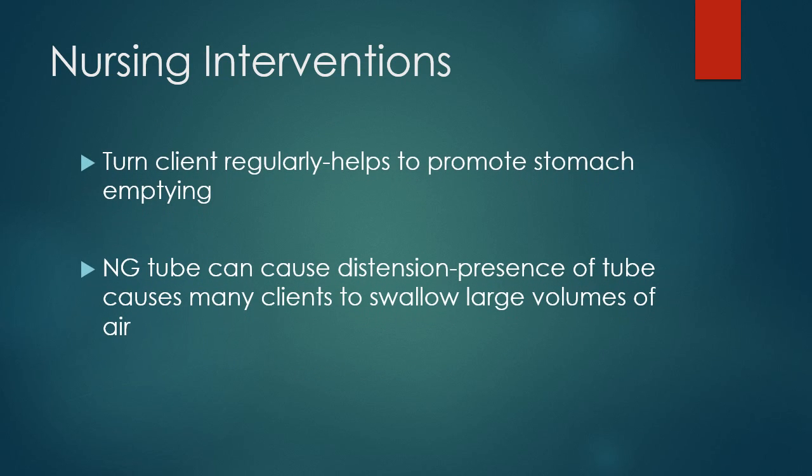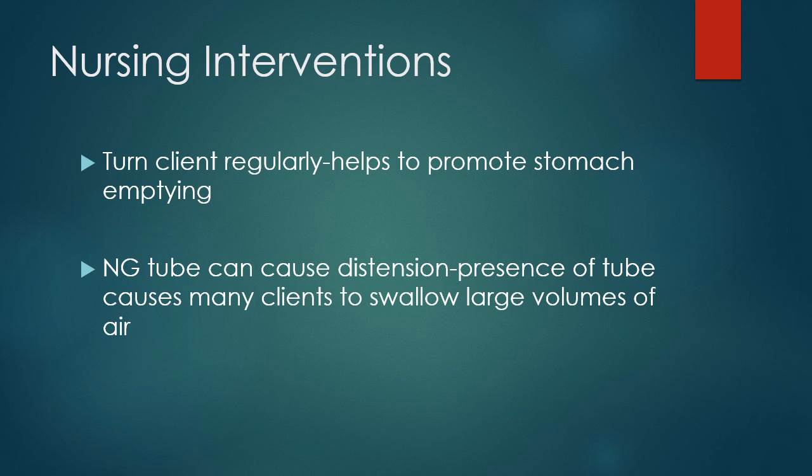So as I said, turning the client regularly helps to promote stomach emptying, but it also helps prevent blockage of the tube. And an NG tube can cause distension because the presence of the tube in the back of someone's throat causes patients to swallow large amounts of air.